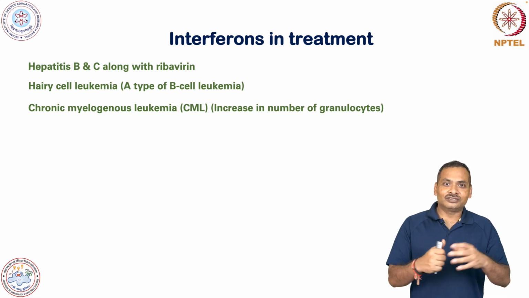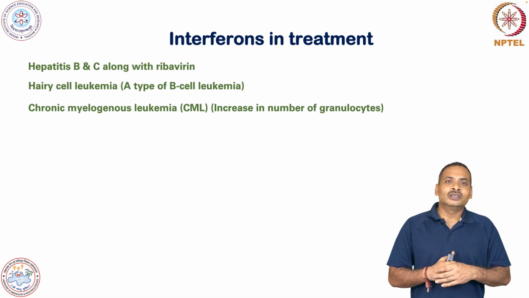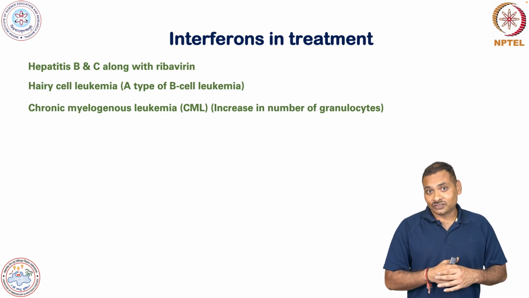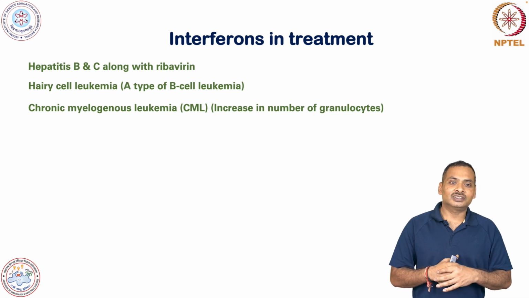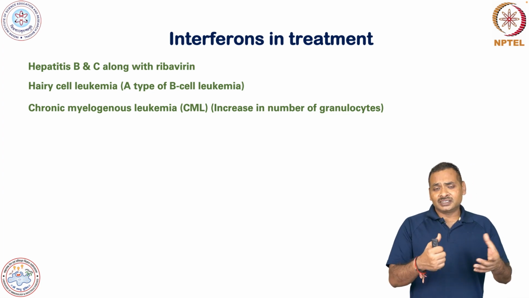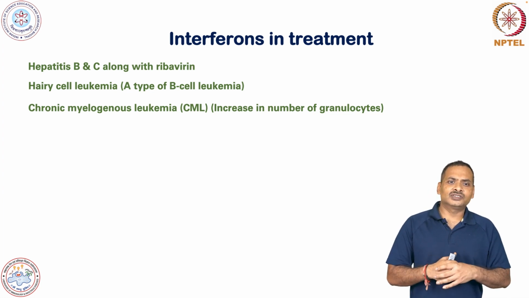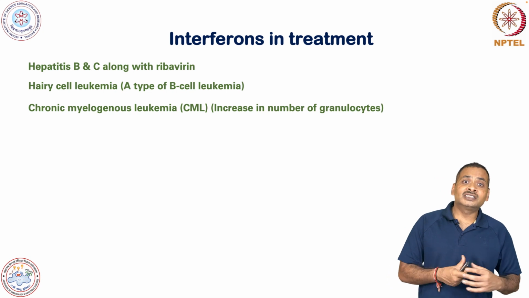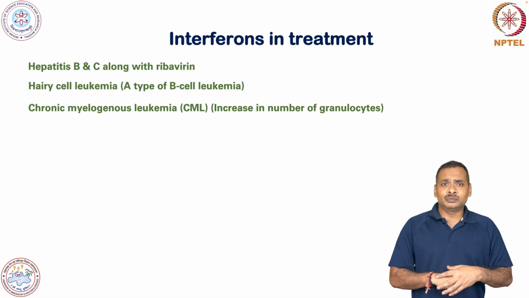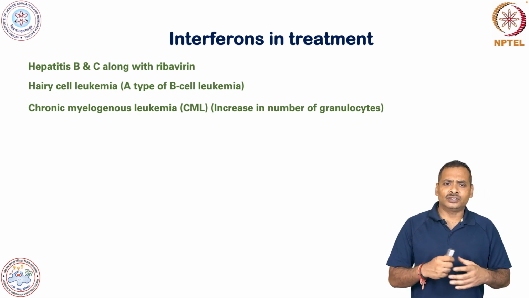I am just refreshing this for you. Granulocytes consist of neutrophils, basophils and eosinophils. In CML there is an increase in the number of these granulocytes, and this is also treated by interferons.